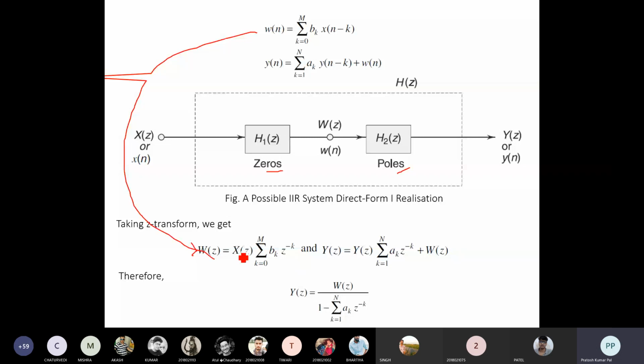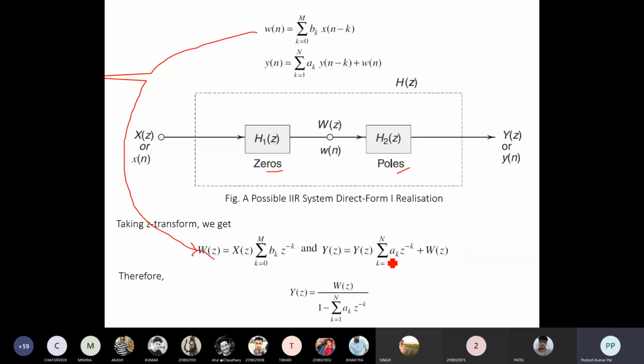Similarly, y of z is the summation k equals 1 to N of a k z to the power minus k plus w of z, since w of n is converted to w of z.